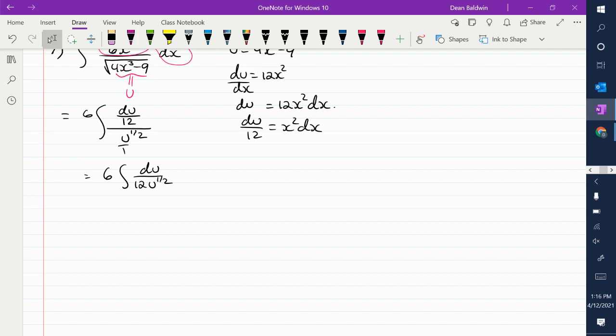What now? Do we want to integrate something where the variable is in the denominator? No. What do we do? You make the exponent negative.